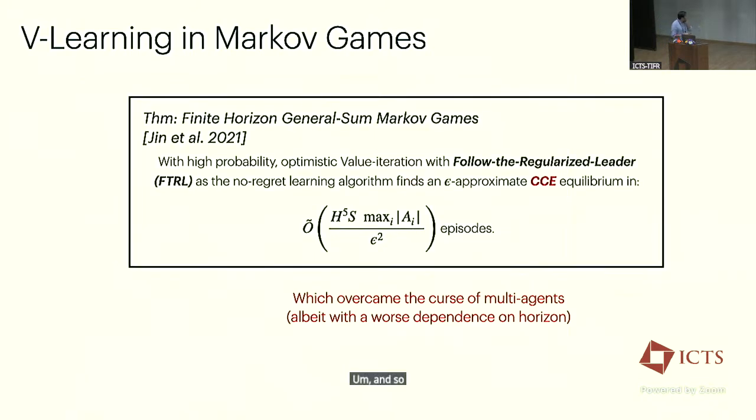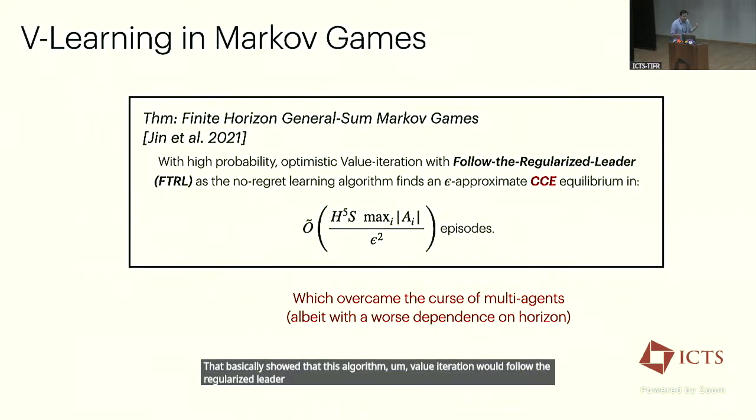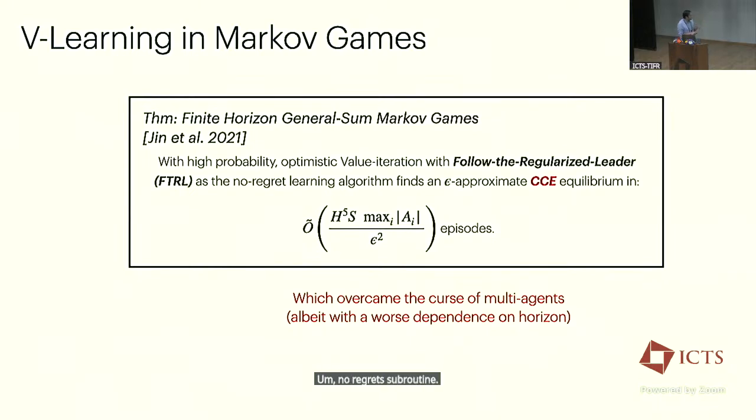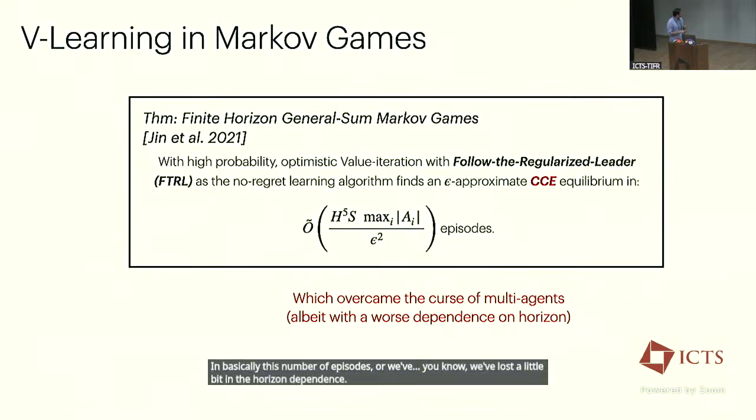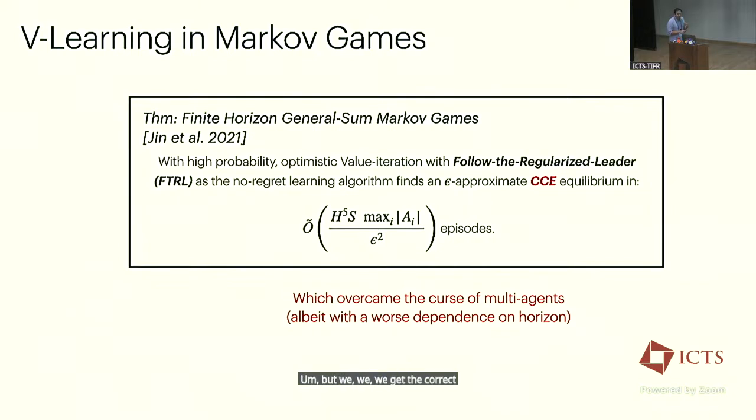And so there was a really nice result by Jin et al. in 2021 that basically showed that this algorithm, value iteration, with follow the regularized leader as the no-regret subroutine, finds an epsilon-approximate CCE in basically this number of episodes. We've lost a little bit in the horizon dependence, but we overcome this curse of multi-agency, right?